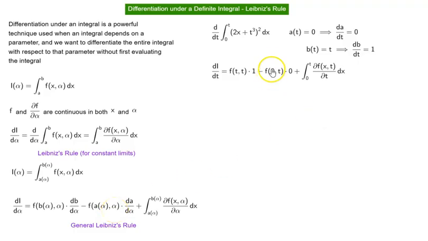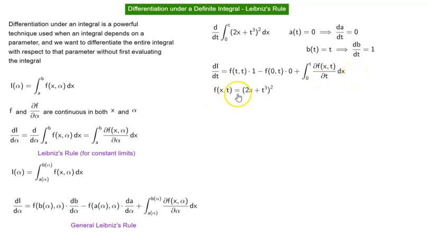Now that is f of 0 comma t times dA by d alpha, that is dA by dt, which is equal to 0, plus the integral from 0 to t of the partial derivative of f with respect to t dx.